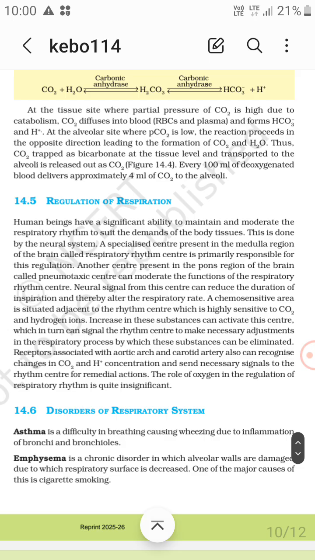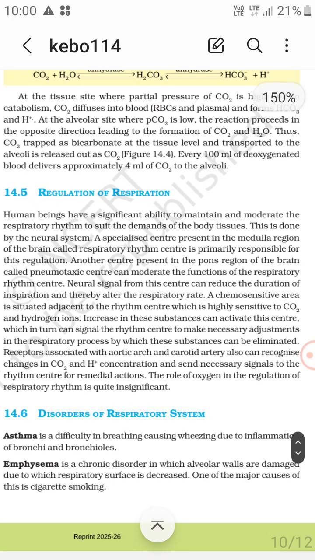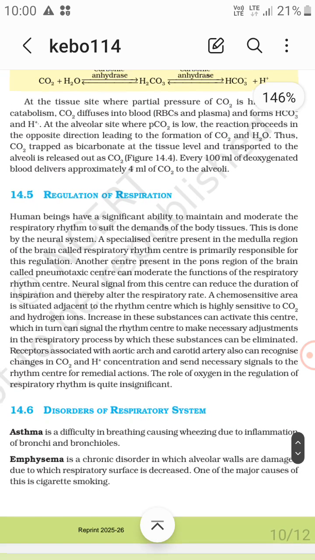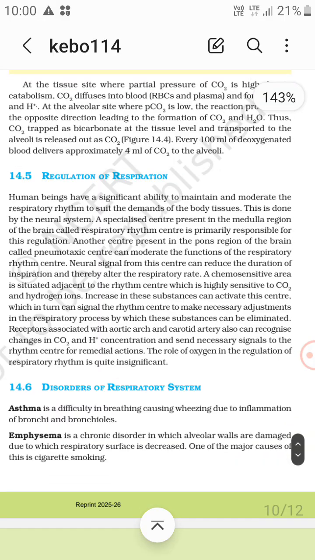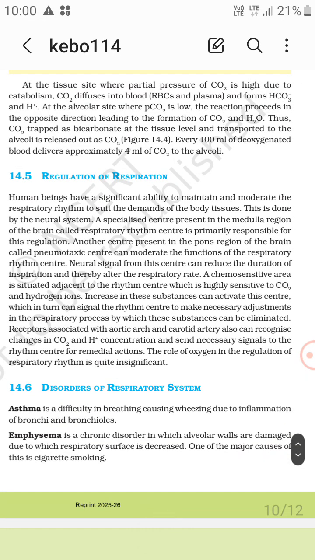Now, a chemosensitive area is situated adjacent to the rhythm center, which is highly sensitive to CO2 and hydrogen ions.